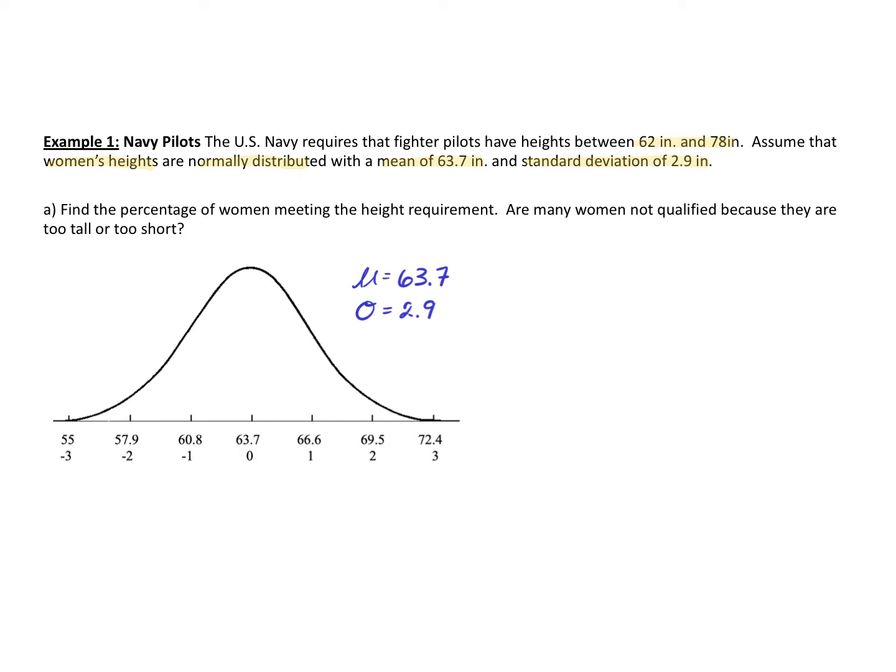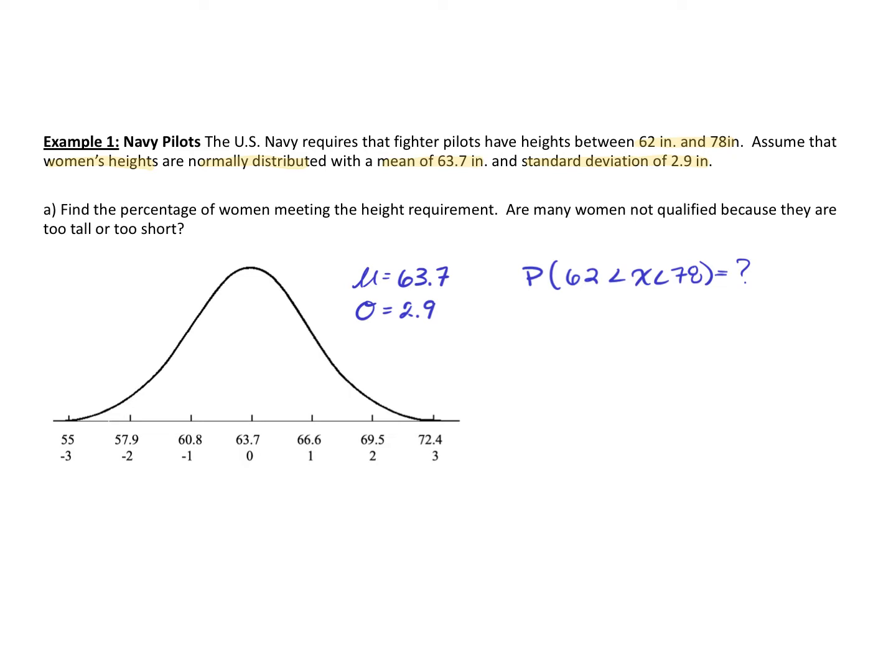We want to answer the question, find the percentage of women who meet this height requirement. I can find that by finding the probability that a randomly selected height from this distribution is going to be between 62 and 78 inches. So I'm looking for the area under the curve between 62 and 78 inches.